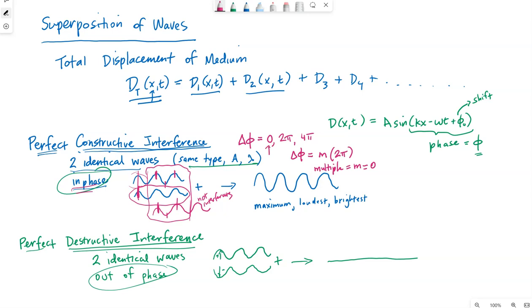So as we just mentioned, they don't have to be shifted at all. So m could be 0, but if m is 1, that corresponds to that shift of 2 pi. If m is 2, that corresponds to a shift of 4 pi.